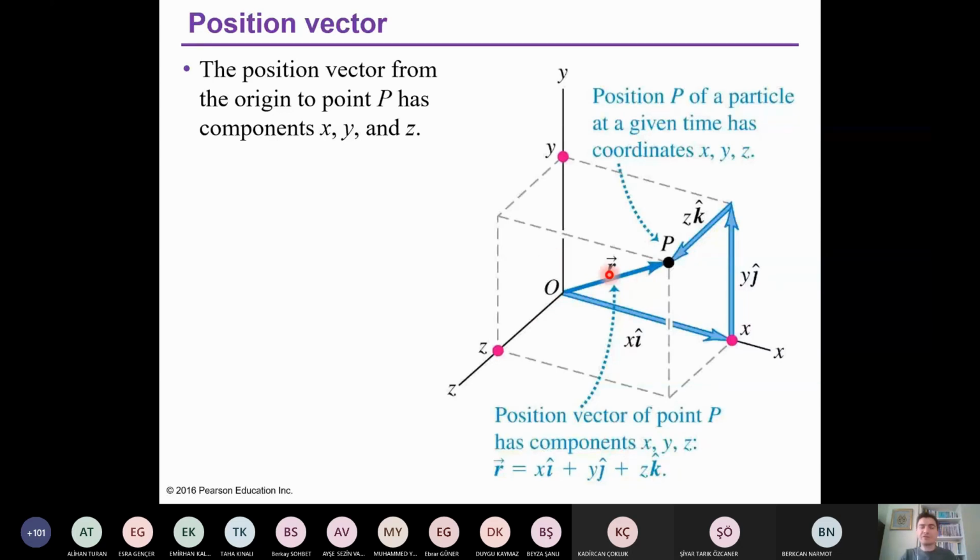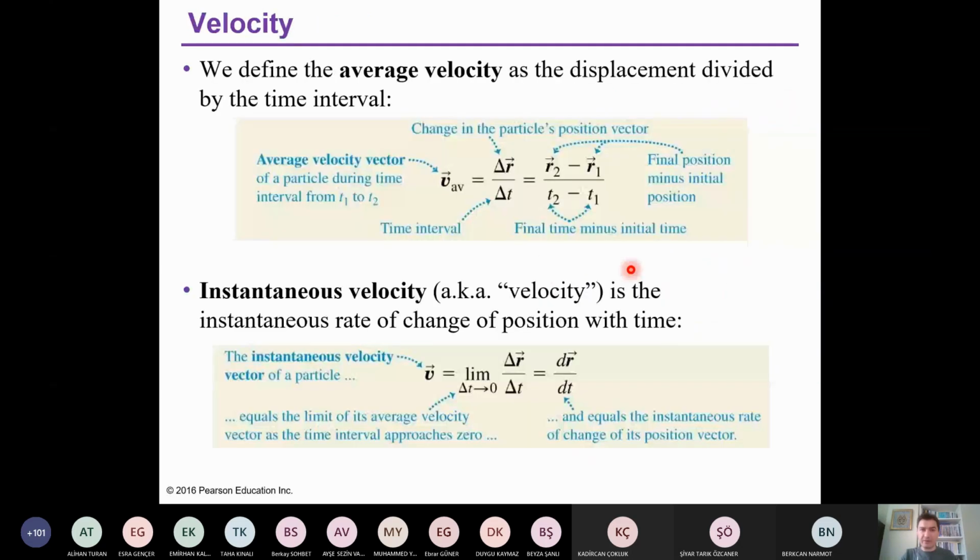Now let's try to define average velocity by using this position vector. During the last lectures, we have learned that average velocity can be written as delta x over delta t, displacement, okay, right?